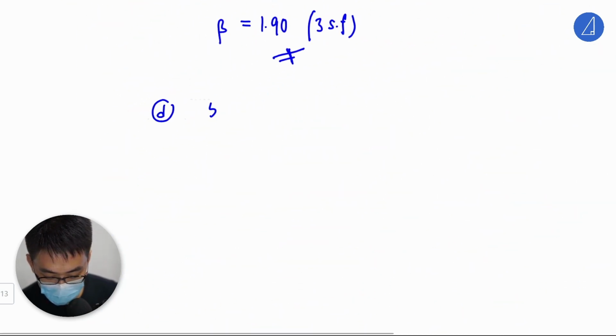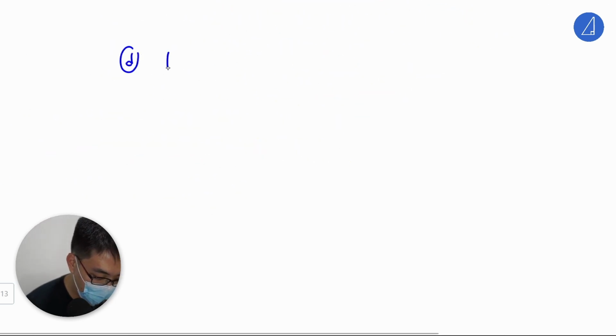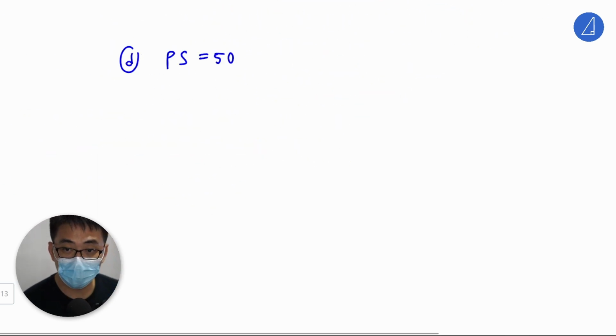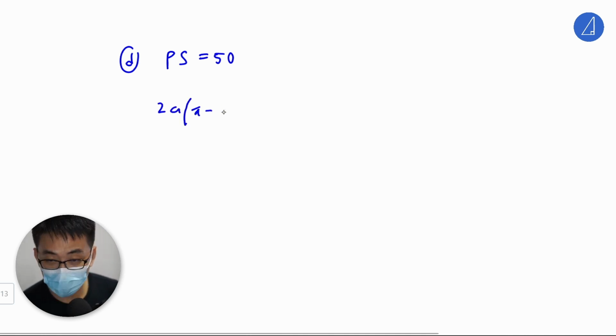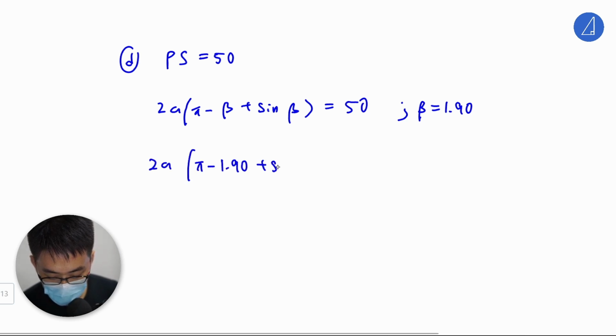50. Okay, maybe I should use a new blank piece of paper. PS is equals to 50. So I take from previous part, which is 2a pi minus beta plus sine beta equals to 50, and then beta is equals to 1.90.